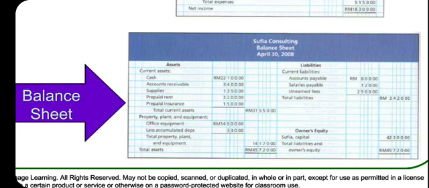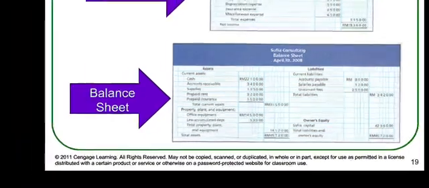On the left side of the balance sheet, you have to list all the assets, and on the right side, you have to list all the liabilities and also all accounts related to the equity. Specifically, you have to show the capital, and then the drawing and the retained earnings.